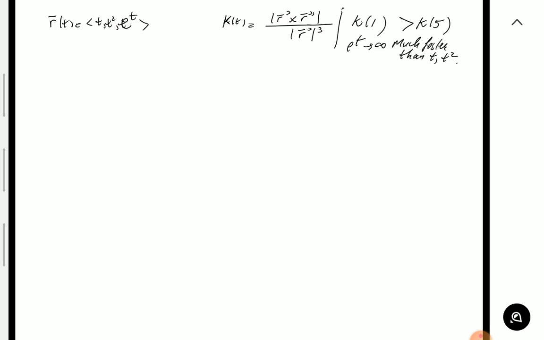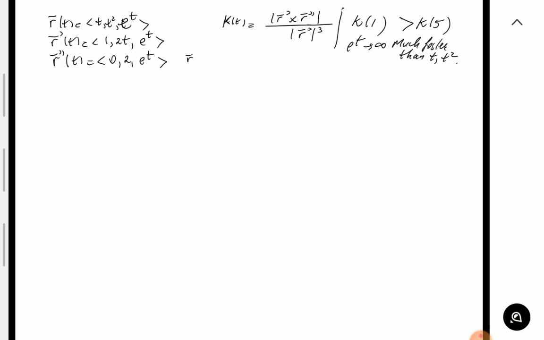And let's do the whole thing with this version of the formula. So r prime is 1, 2t, e to the t. R double prime is going to be 0, 2, e to the t. When you apply the formula, obviously plug in the point now, then you compute the cross products. Don't compute the cross products with t there because it's too tedious.